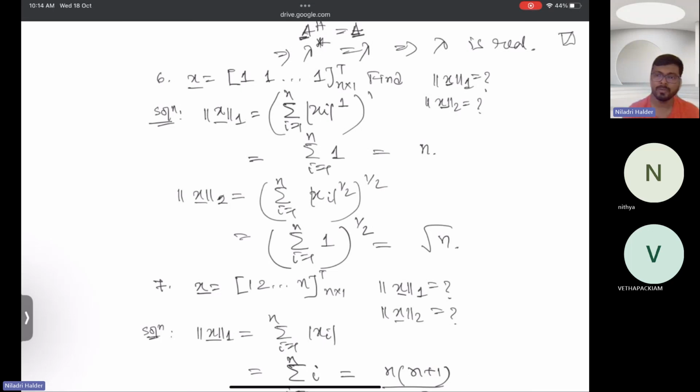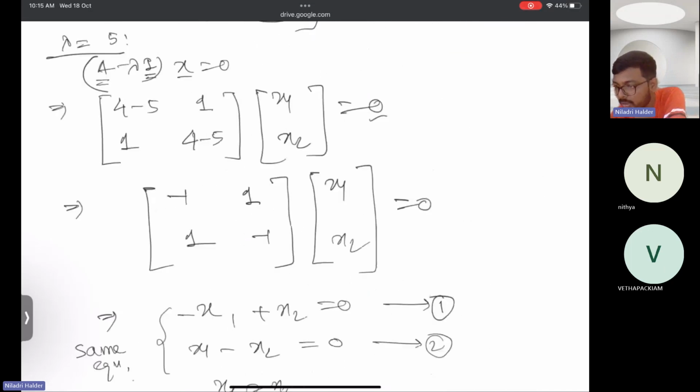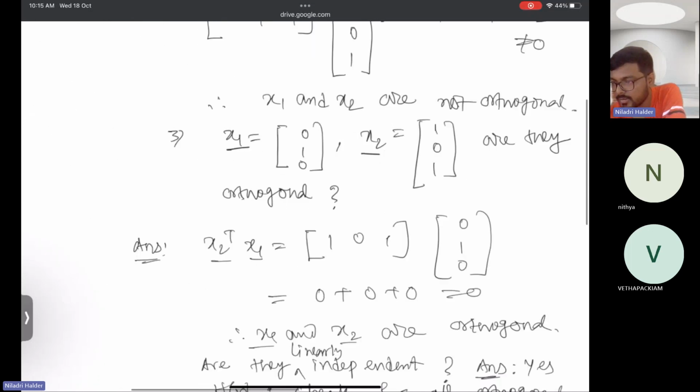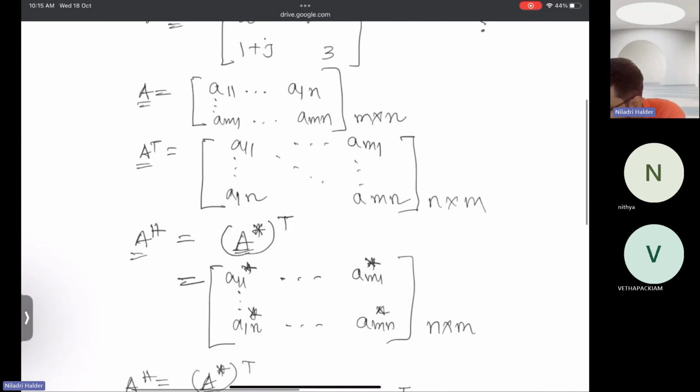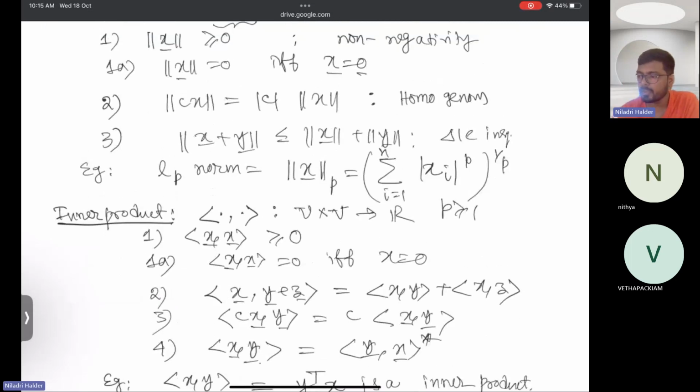So for the LP norm, when p is greater than or equal to 1, the formula of the norm is the LP norm: summation of mod of xi to the power p, whole to the power 1 by p.